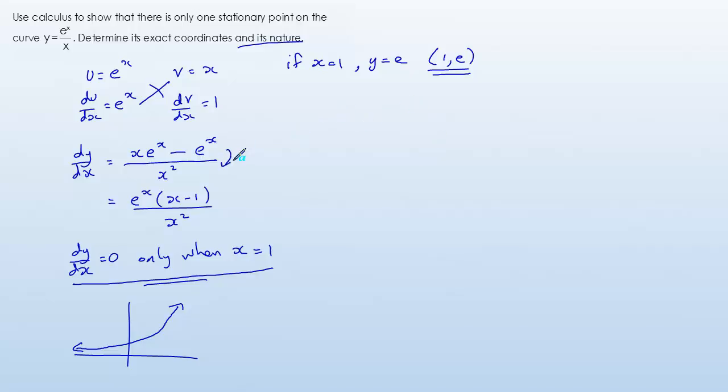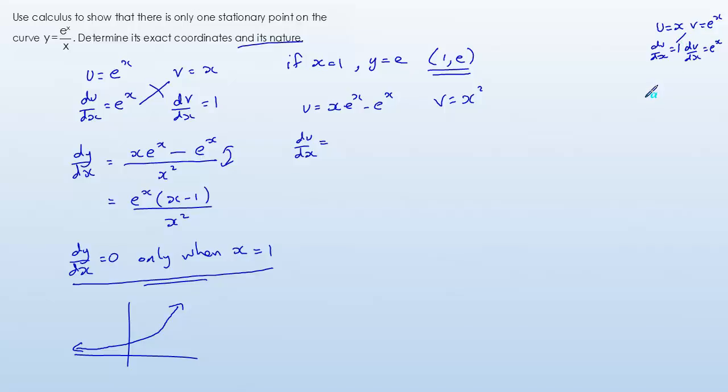So if we look at this, it's a quotient, and u is x e^x minus e^x, and v is x squared. Now note, in here we have a product. u is x, v is e^x, so du/dx is 1, dv/dx is e^x.